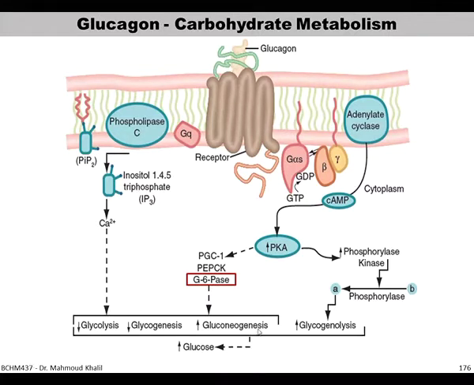All these events lead to an increase in gluconeogenesis and a decrease in glycolysis and glycogenesis. So basically all of this will add up to increase the amount of glucose present in the blood.